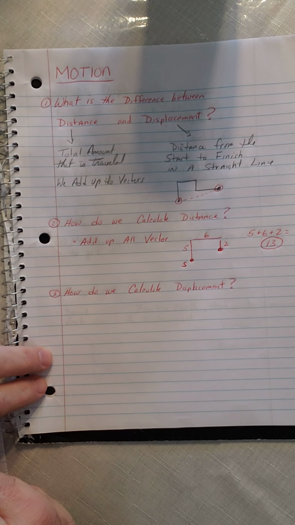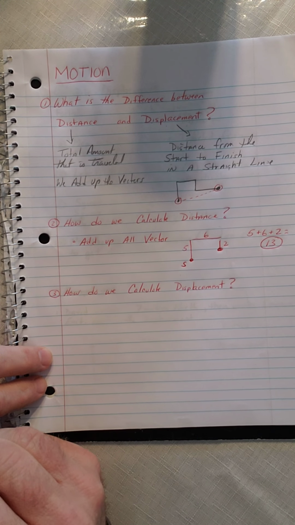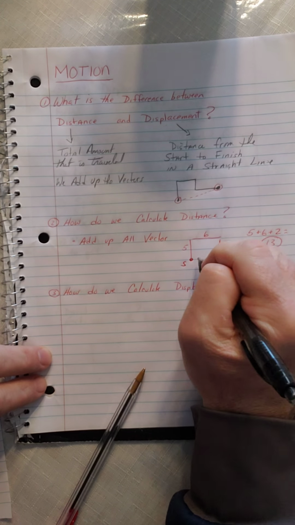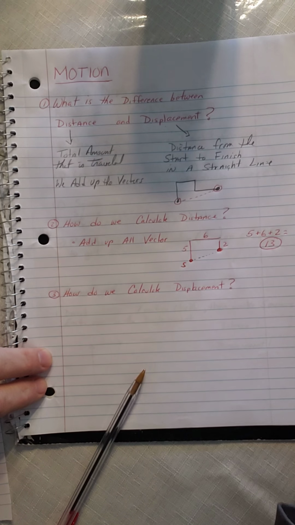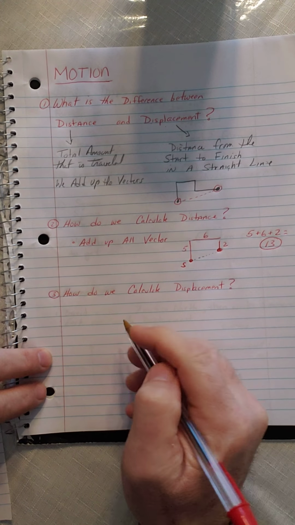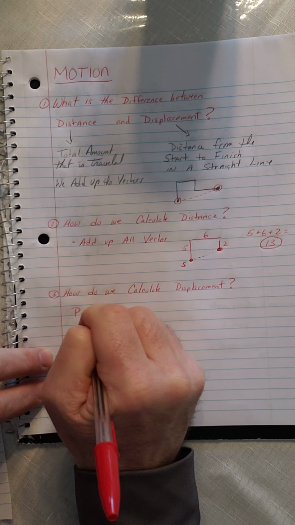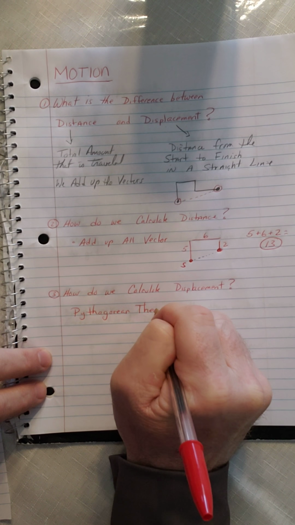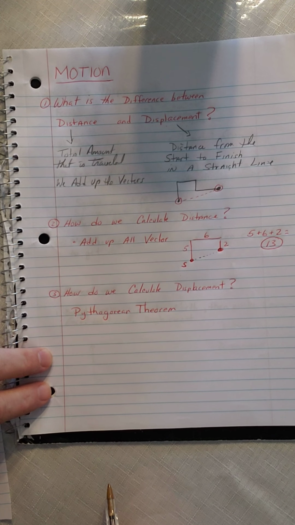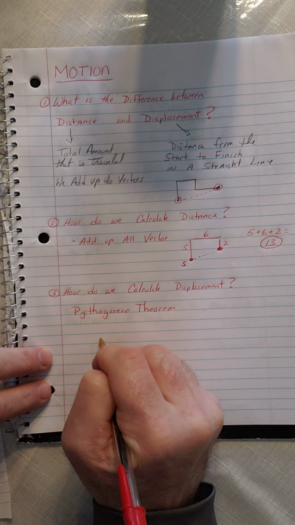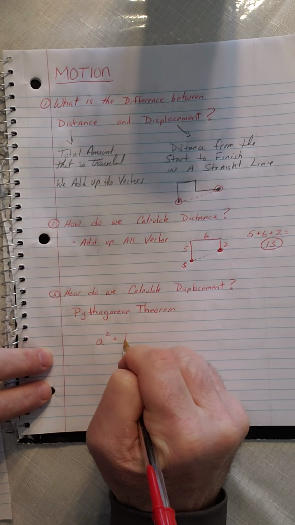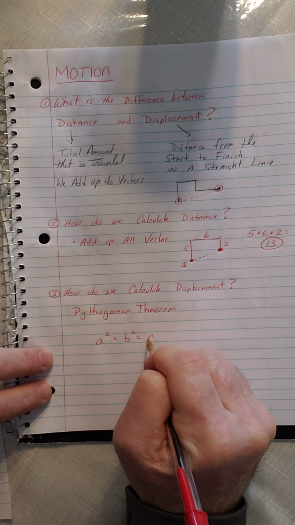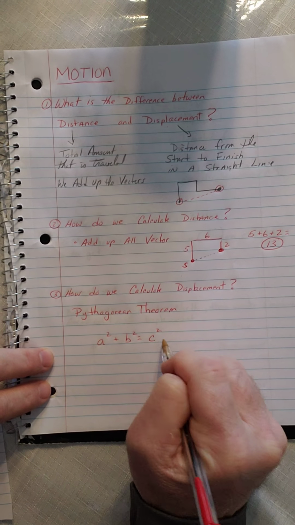Now, how do I calculate displacement? To calculate displacement, we're going to use a mathematical formula called Pythagorean's theorem. You may have heard of it. That is the famous a squared plus b squared equals c squared.